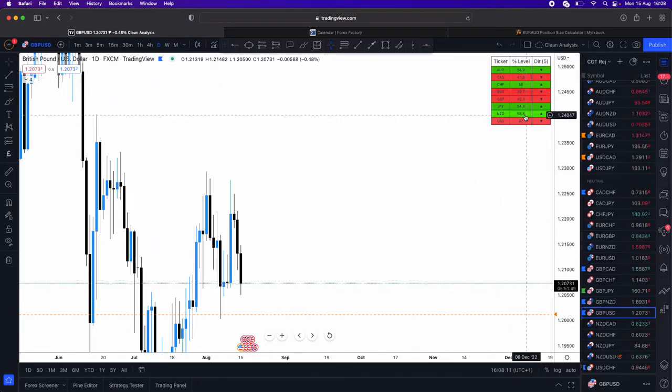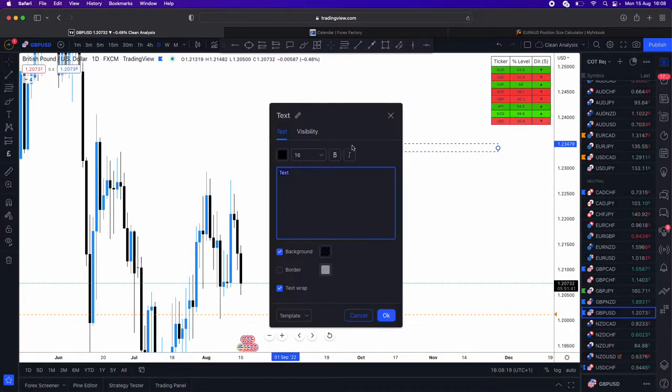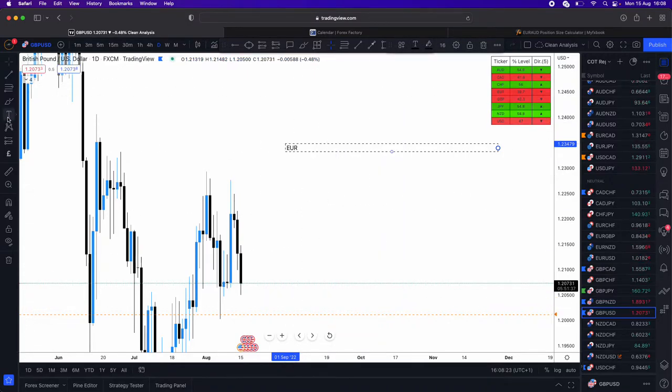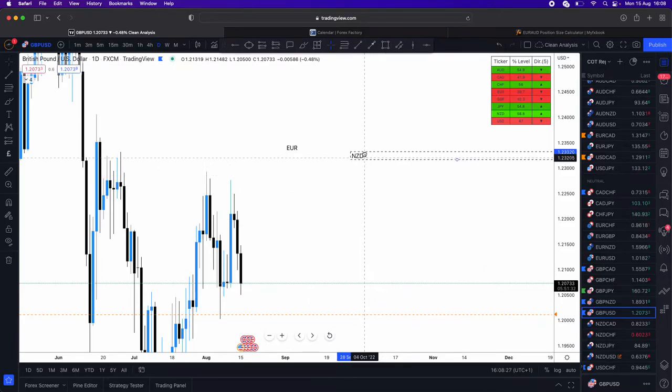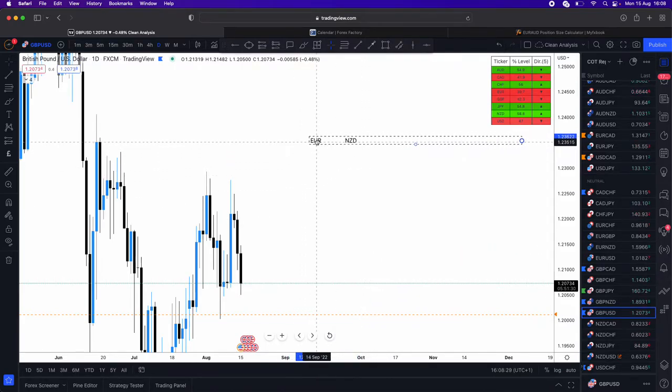So my strongest on the daily is actually the New Zealand dollar, and the weakest we've got is the euro. So you've got euro and you've got New Zealand, and in this pair, euro comes first. You'll see on the right hand side we've got euro, New Zealand.